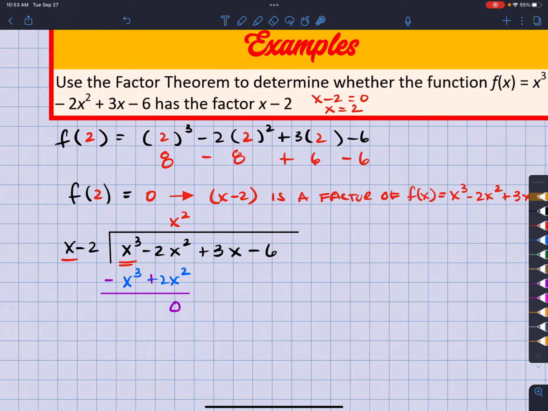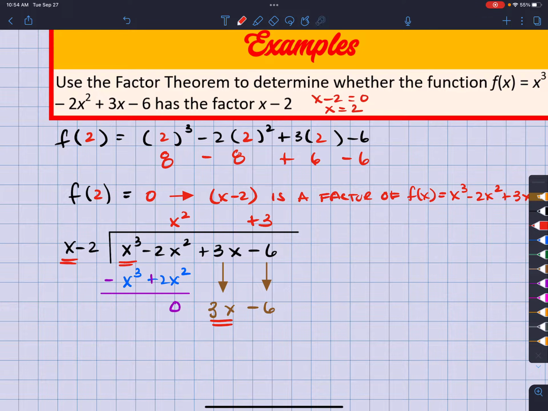Since this is 2 terms, I bring down the other 2 terms, which are 3x and minus 6. Then I ask myself, how many times does x go into 3x? It's going to be positive 3 times.